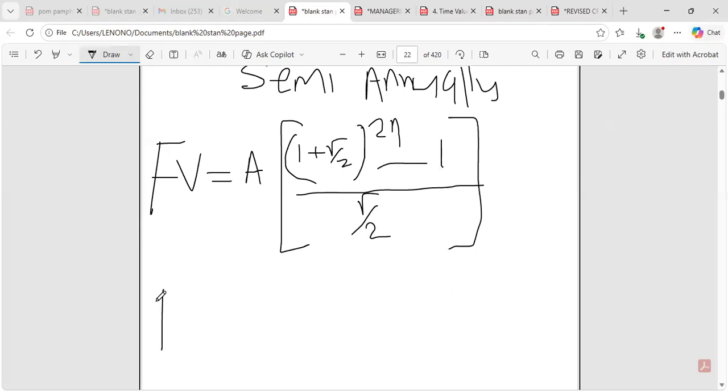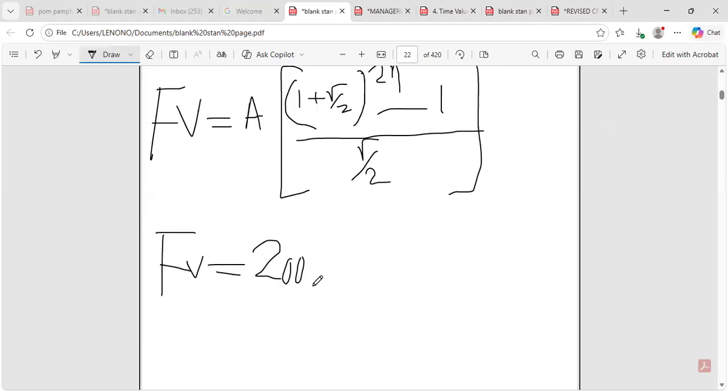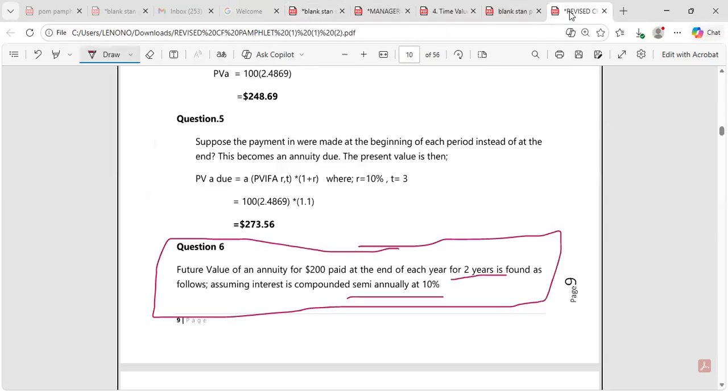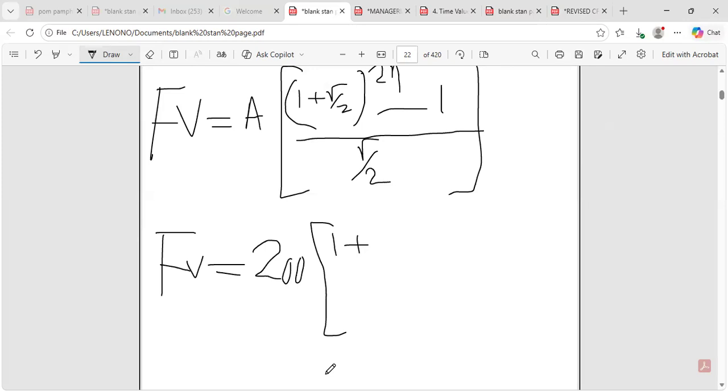So our future value will be equal to 200 times 1 plus 0.1, that's 10%, is 0.1.